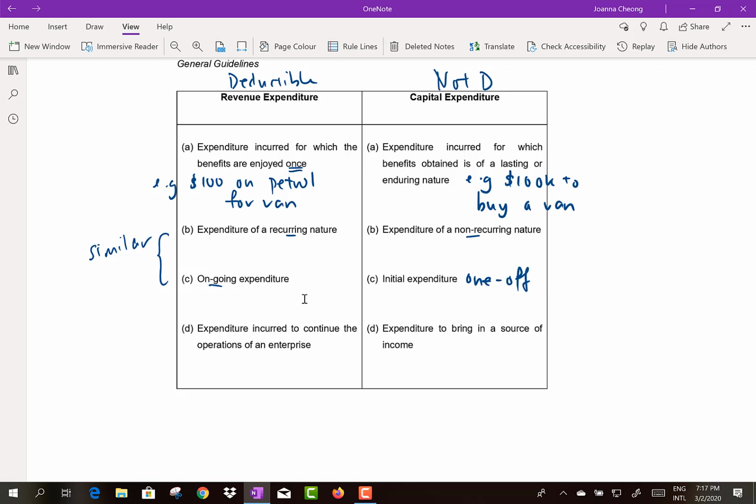It is very common that in the exam you will see country club expenses. Sometimes companies want to be members of a country club. Why?